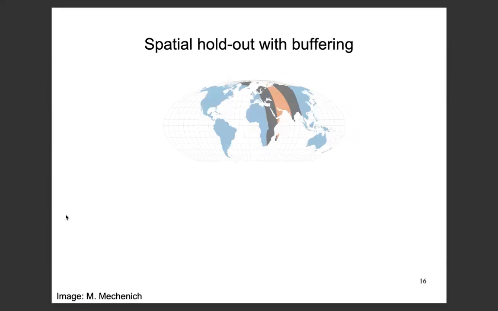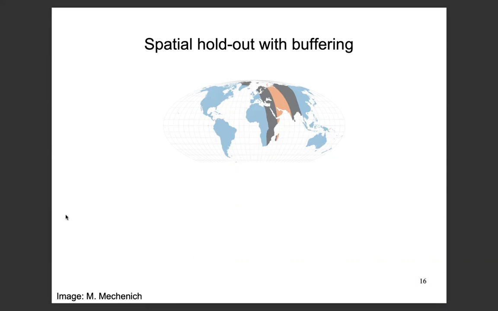To be on the safe side, it's also a good idea to have a buffer zone. This example illustrates it: the red one here would be our testing fold in the cross-validation, the gray ones would be completely thrown out, both from training and testing in that fold, and the blue ones would be the training points, such that none of the blue points are near the red points.